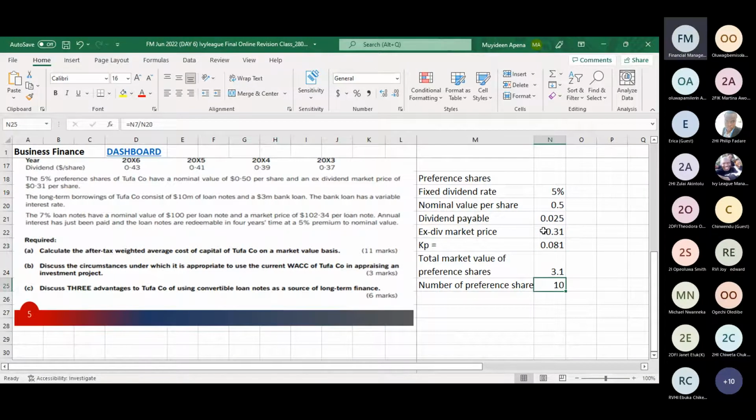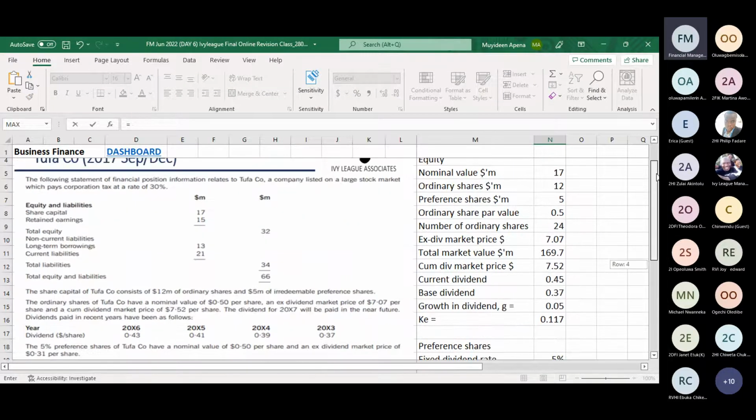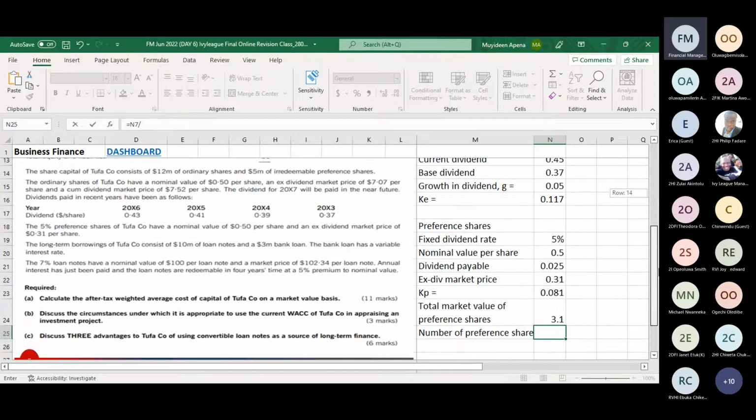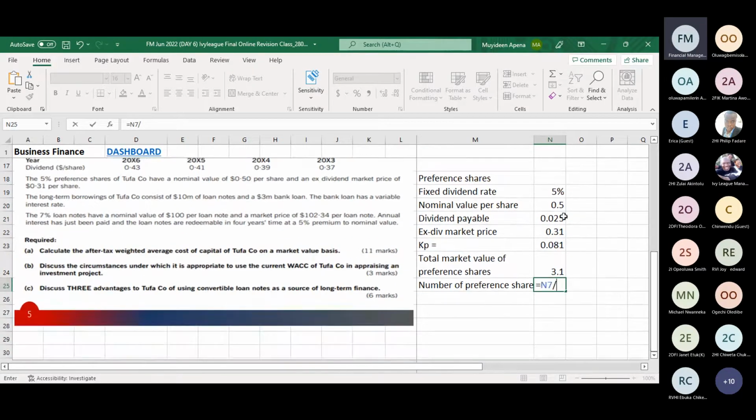Then for the number of preference shares, we say how much is preference shares in the book in total? 5 million, we're told. And then divide that by a unit price. A unit price in the book is 50 cents. That gives us the number of preference shares. Did you see that?